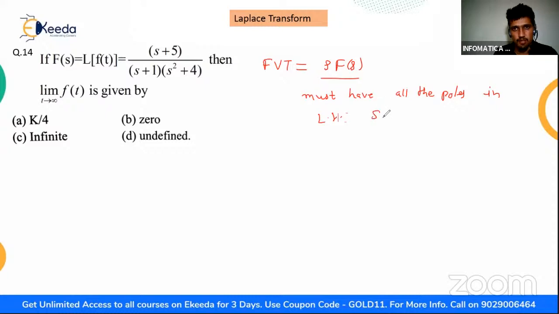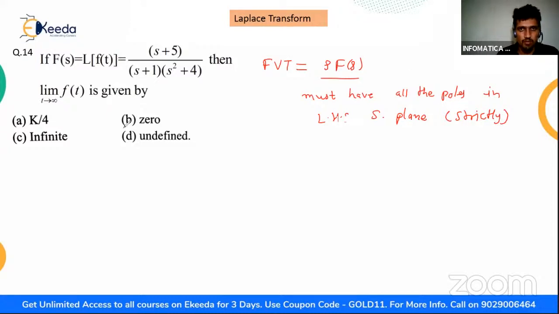Strictly means poles should not lie on the j omega axis also. They should be strictly in the left. They should not lie on the j omega axis or sigma equals 0. This is the condition to apply the final value theorem.